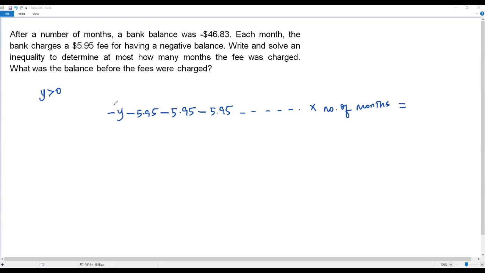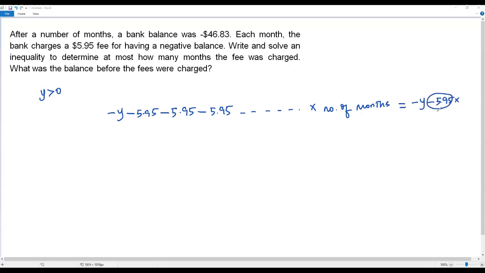Initially my bank balance was negative $y dollars, and for each month the bank charges a fee of $5.95, for how many months? For X number of months. For 1 month, the fee is negative $5.95. For X number of months, we multiply the fee for 1 month and the number of months, that is X. So the initial value, negative $y dollars, and apart from that, the fee for X number of months, that is negative 5.95X.